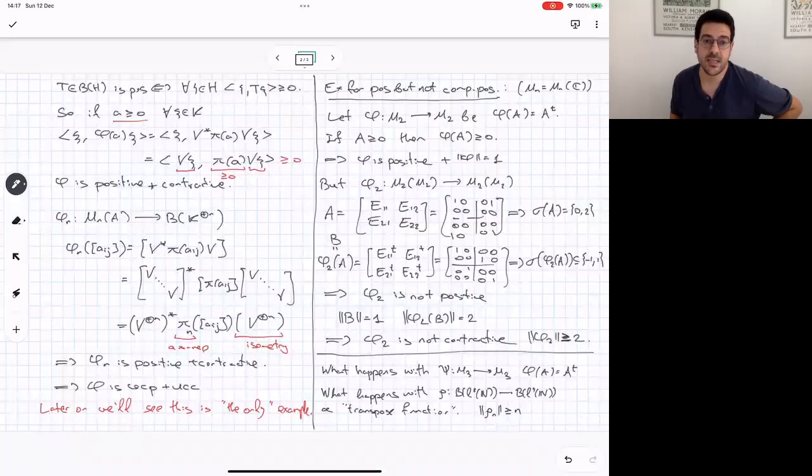So this means that rho will not even be UCB. Right? We had this notion of completely bounded. This rho is not going to be even completely bounded. Not only is it not going to be completely contractive, but even more than that. So rho is not completely bounded.